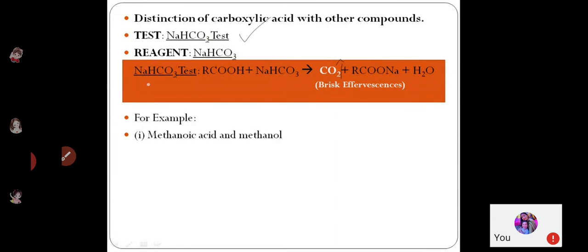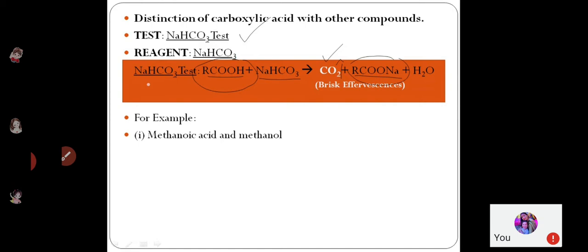You have already done this test in junior class, again I'm telling you. In the sodium bicarbonate test, when the acid and sodium bicarbonate react, brisk effervescence occurs. What are the products? Your carboxylic acid will convert to a salt, because this is a base.